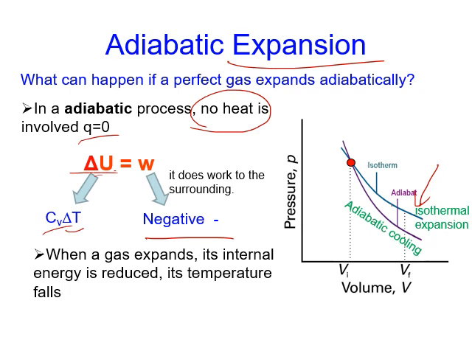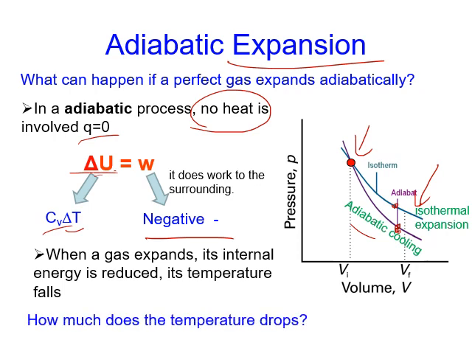Now if we start with the same initial condition, and both expand, one isothermally, one adiabatically, we just showed that if it's adiabatic, temperature will decrease, and therefore the final point should be below the isothermal expansion, because the temperature becomes smaller. But how much does temperature decrease? So we're going to derive equations in the next few slides to describe the adiabatic process.